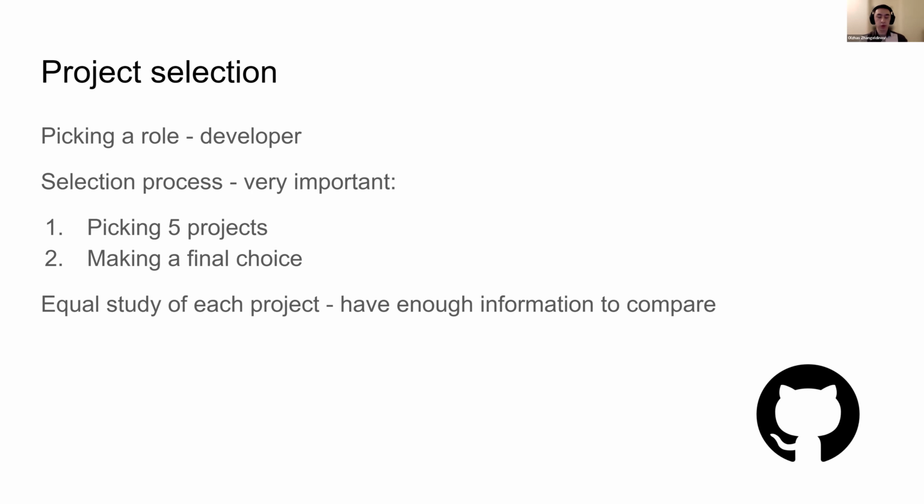It was important to make an equal study of each project because the final choice is very important, and thorough research should be done to find any flaws or advantages of each project. I think I did not do a really good job on this.